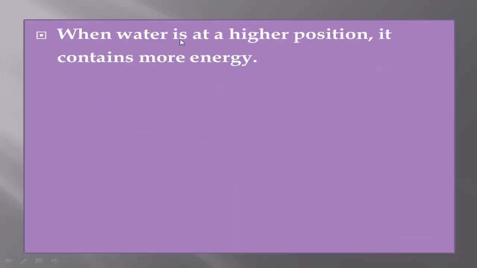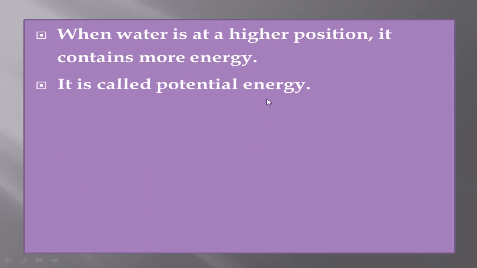When water is at a higher position, it contains more energy. In the reservoir, water is at a higher position, so it contains more energy. Energy stored in water at a higher position is known as potential energy.